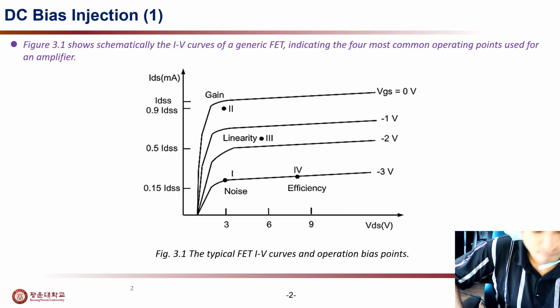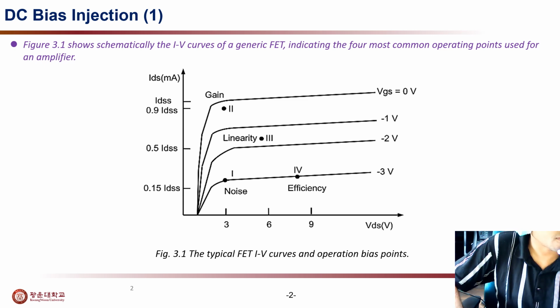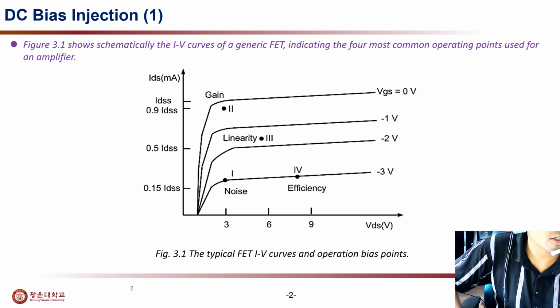To discuss the basic theory of MMIC amplifiers, firstly I will discuss the DC bias induction topic. We can see a figure. This figure shows typical FET IV curves and its operational bias points.